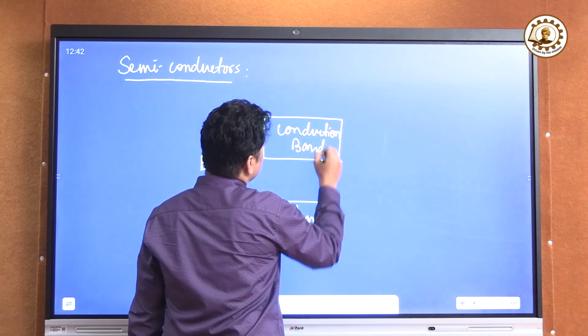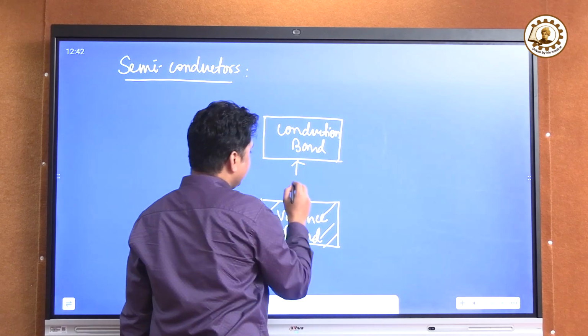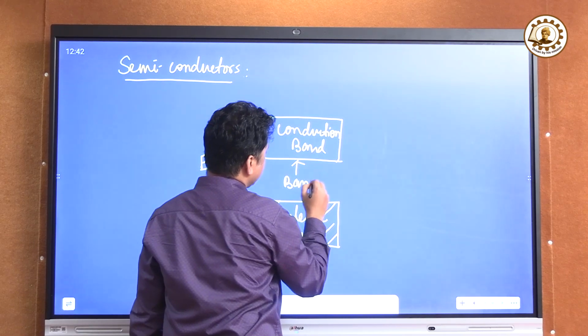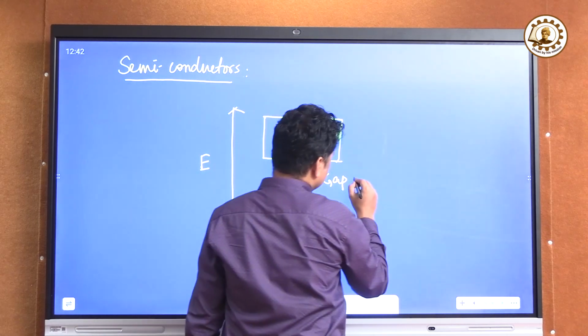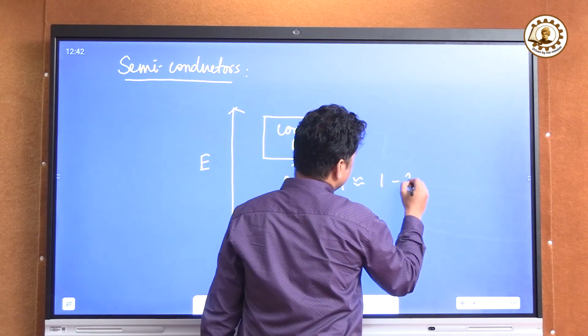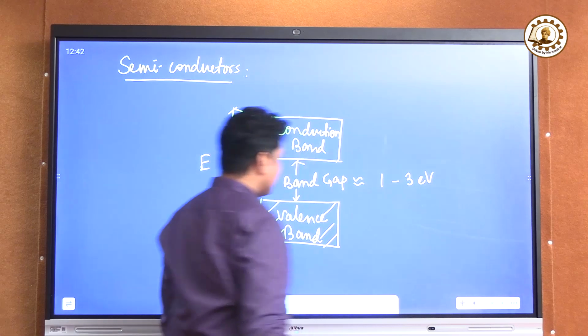It is considerably lower than that of insulators. This is your band gap, and usually the band gap is 1, 2, 3 electron volt.